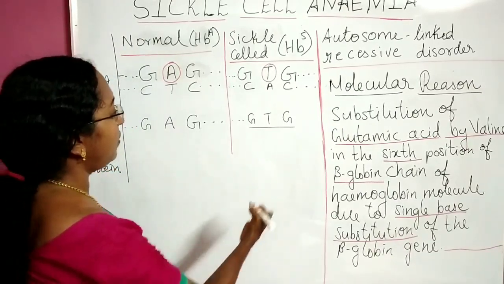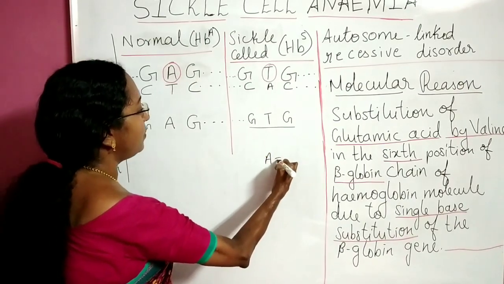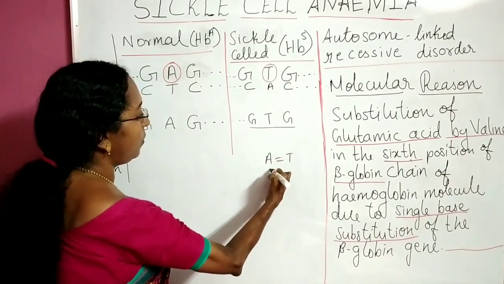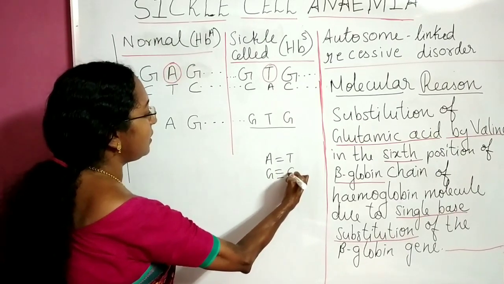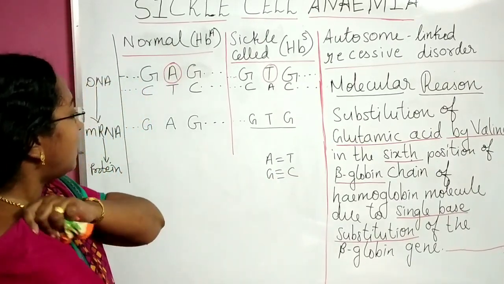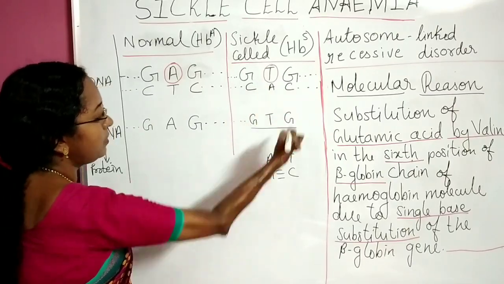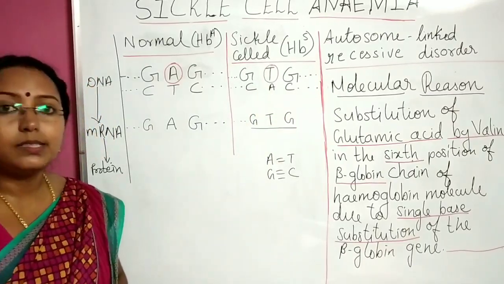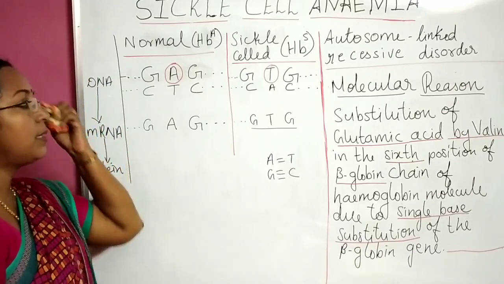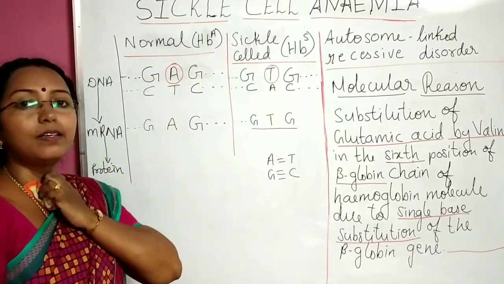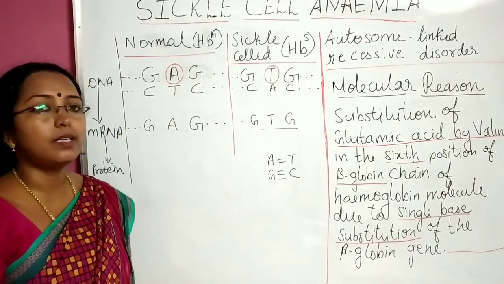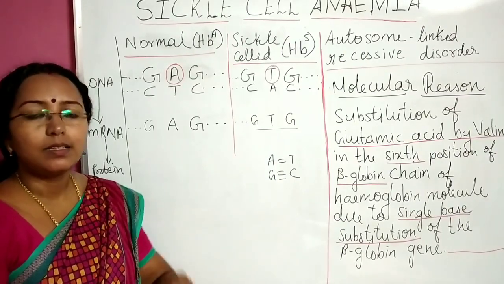As per the base pair rule, A pairs with T with 2 hydrogen bonds, G pairs with C with 3 hydrogen bonds. So as per the base pair rule, this complementary strand produced here is right. But still I am saying I made a mistake here. A gross mistake here. What is that? Can you identify?